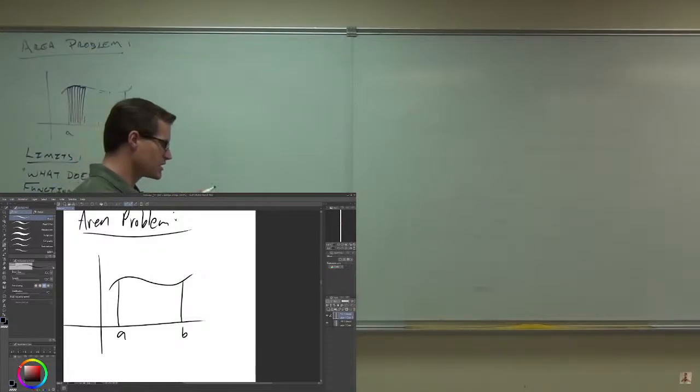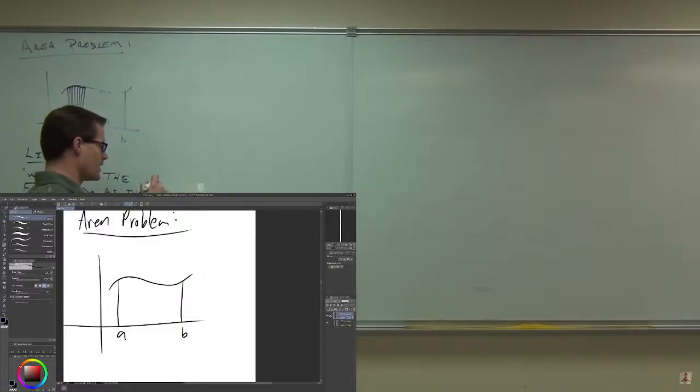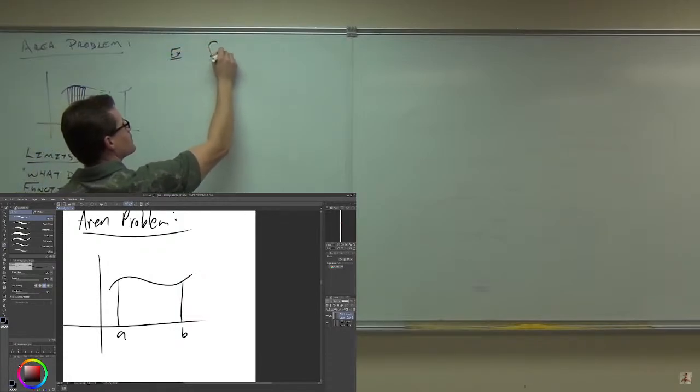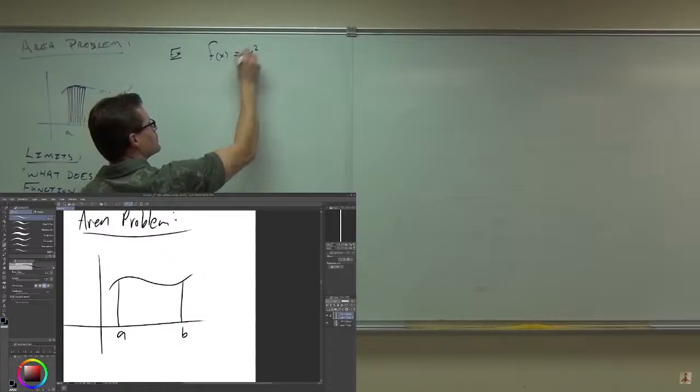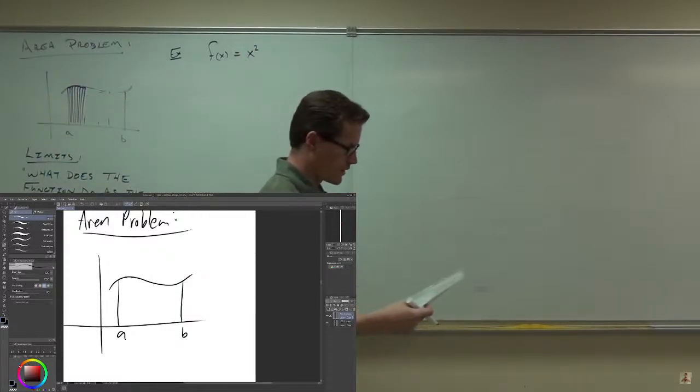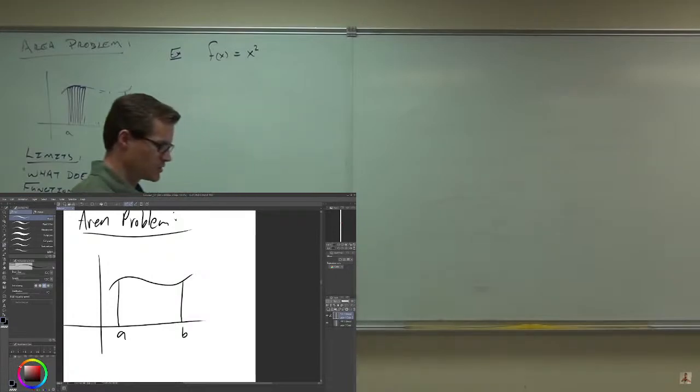For us, this is exactly what we did, kind of in our heads. What happens to x squared as x approaches, let's do 2.